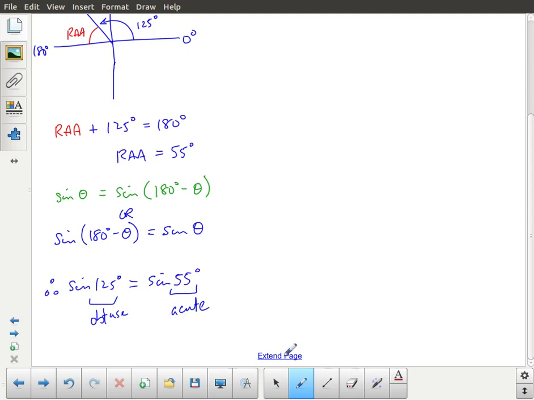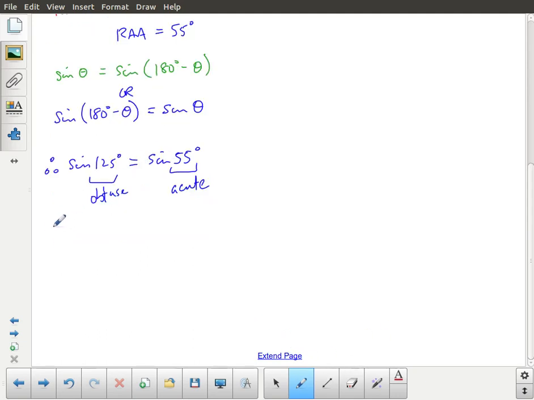Now I was also instructed to verify this, so let's go ahead and do that. If I go to my calculator and calculate the sine of 125 degrees, I end up with 0.8192, rounded to 4 decimal places.